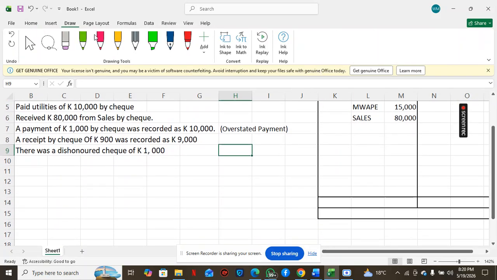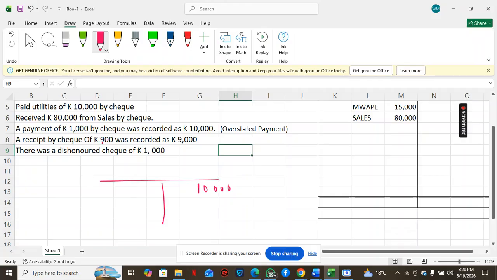Visualize it like this. This is our cash book. The error was committed. Instead of 1,000, we put 10,000 here. So this 10,000 needs to be reduced back to 1,000.